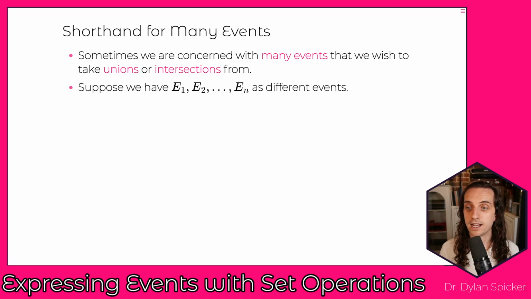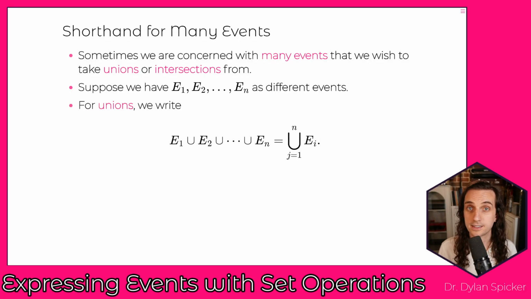If we have a bunch of events here, E1 up to En, and we wanted to take the union of E1, E2 all the way up to En, then we can write this down as one big union symbol. We take the huge union, going from 1 up to N of the different events. There's a small typo on this slide: this should be an I here, not a J. So we're going to go from I equals 1 to N of the event EI.